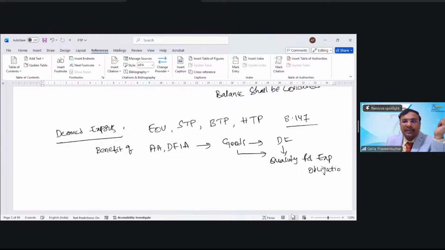That means though I have not exported goods out of India, I supplied goods to this EOU, STP, BTP, I get entitlement for export obligation compliance.